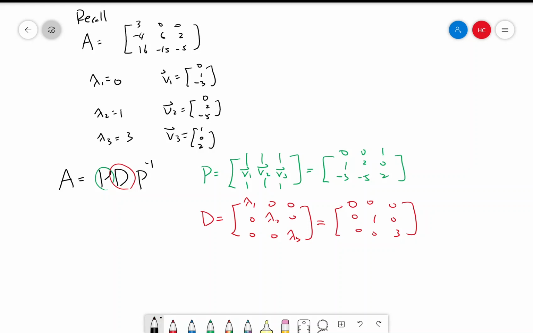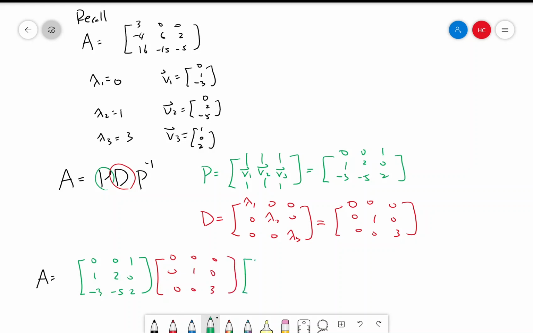Right, so A is equal to this matrix P times D times P inverse. So this is the diagonalization of A.